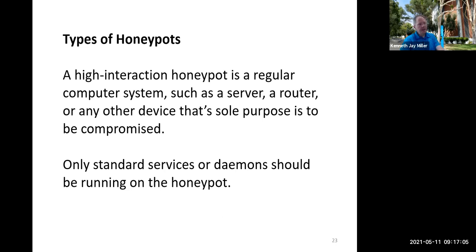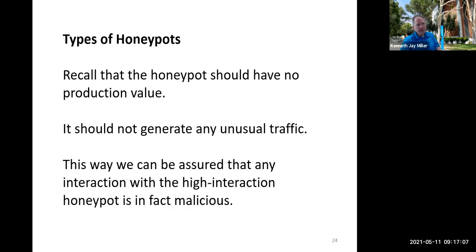Okay, now recall that the honeypot should have no production value. That means it should not generate any unusual traffic. This way, we can be assured that any interaction with the high interaction honeypot is in fact malicious. So it's not doing anything out of the ordinary.